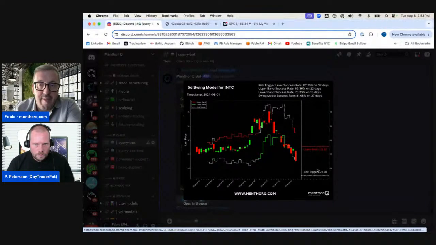Those are levels similar to the 1-day expected move. They go into the future, so 5 days or 20 days in the future. Here was the level for INTC for August 1st: the upper band was 31, the risk reward was 27.